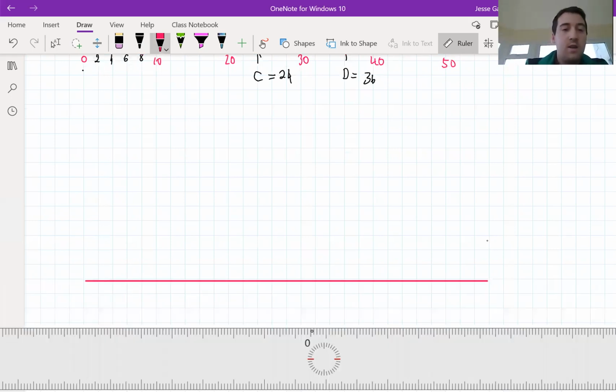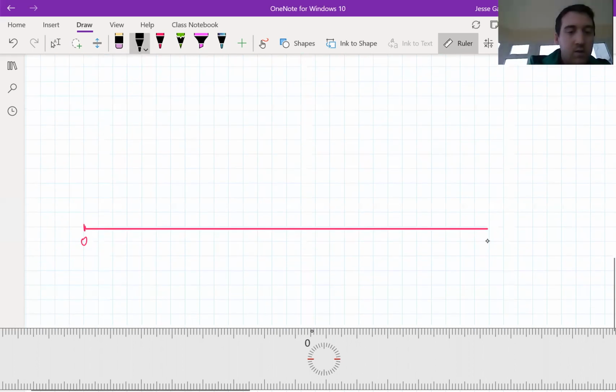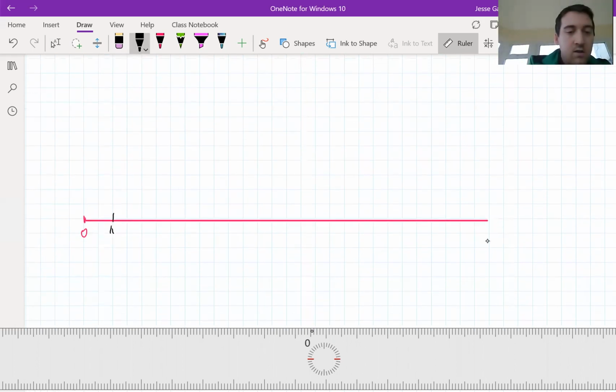All right, so say this here is 0 and going up, and say that this scale is measuring kilograms.